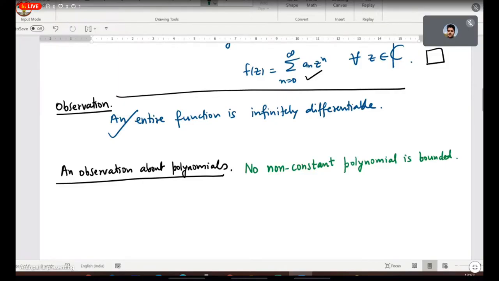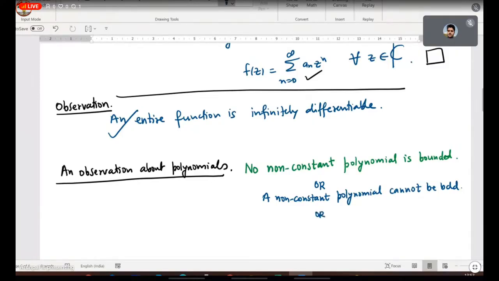Is the same thing you can say like this, class, or if a polynomial is non-constant, it can't be bounded. If you have a non-constant polynomial, it can't be bounded.